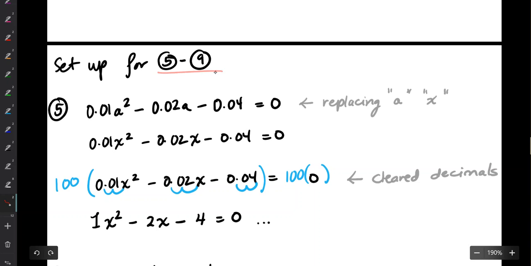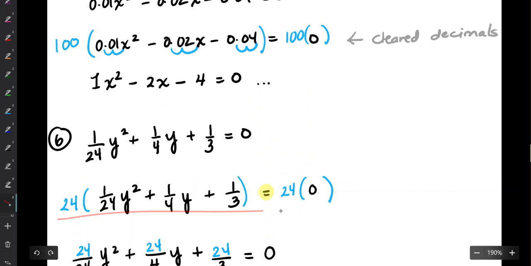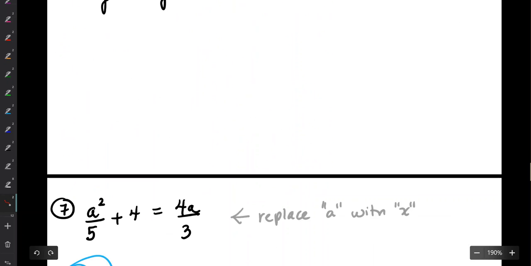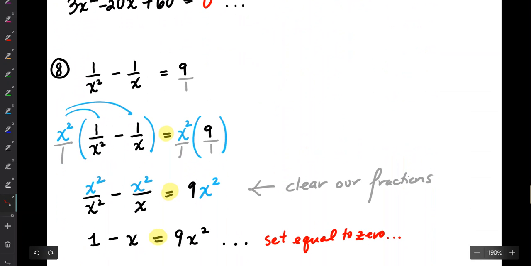On all of these problems, my strategy was to multiply both sides by a number that's large enough to clear all my decimals or all my fractions. In this case my fractions were all numbers, and then in 8 we had one example where my fractions had x's in the denominator.